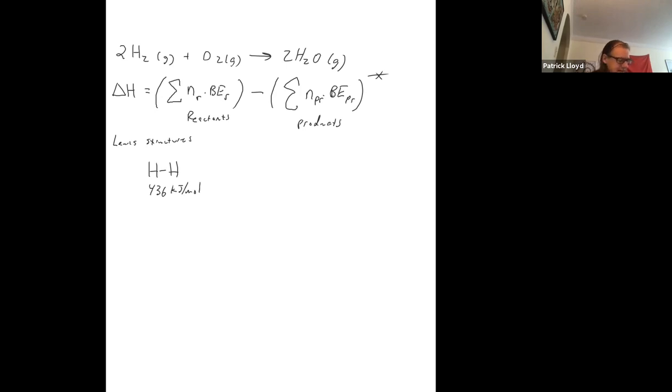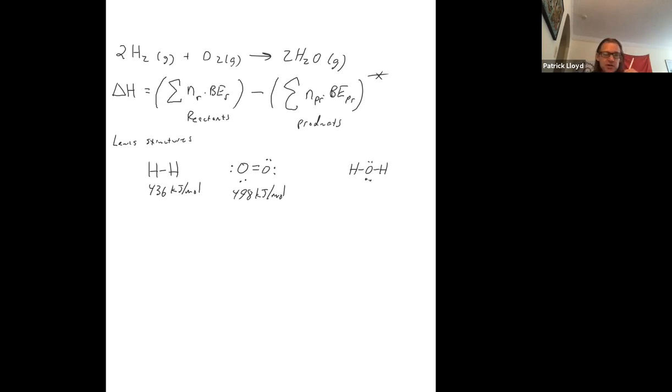Now we've got an O2. Here's the Lewis structure. Again, I'm not going through the details of how to do these Lewis structures. That's something you'll have to do on your own. So that one's 498. And then the last one is the water. Here's the Lewis structure for water. Now what bond is in there?